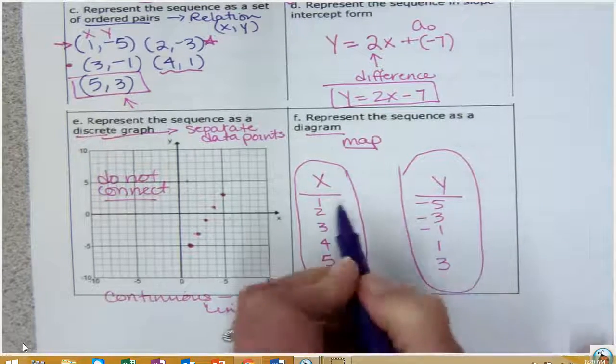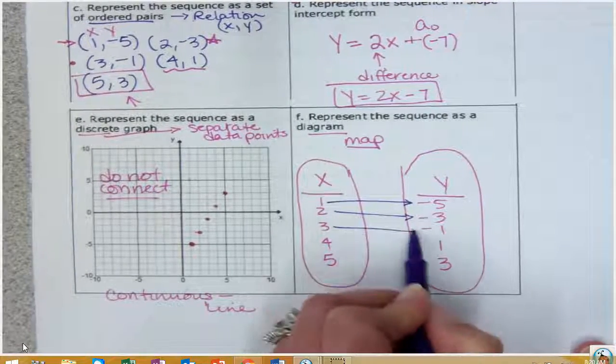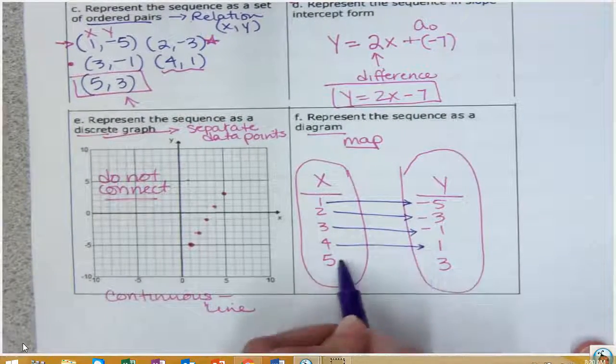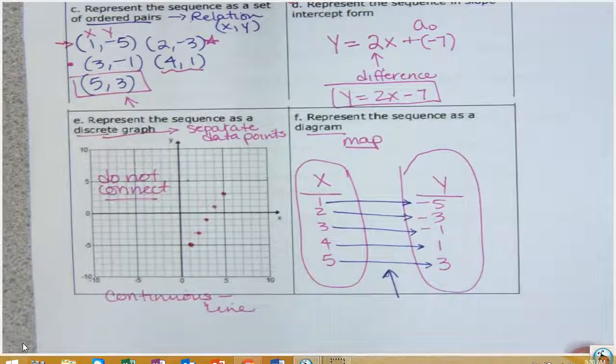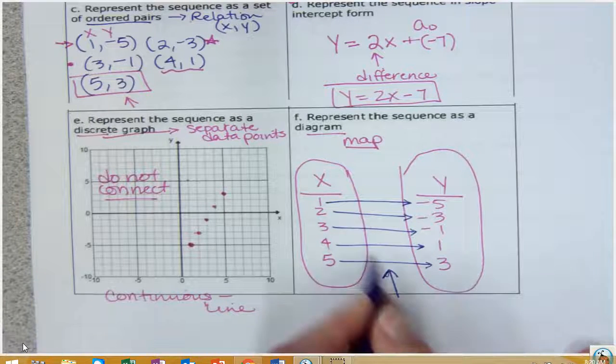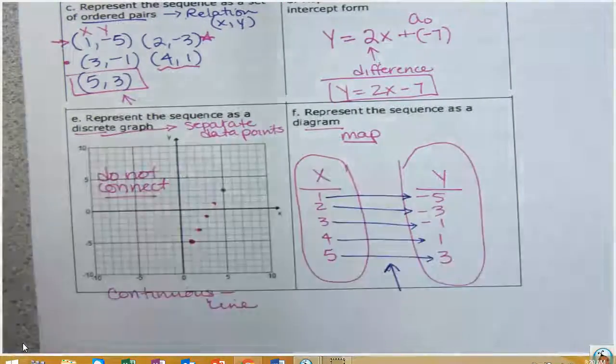Then you draw your lines from your x to your y value. Don't forget to draw your lines, because that's telling me which x value goes to which y value. You must have the lines in there. Okay, hopefully that at least spurred your memory a little bit.